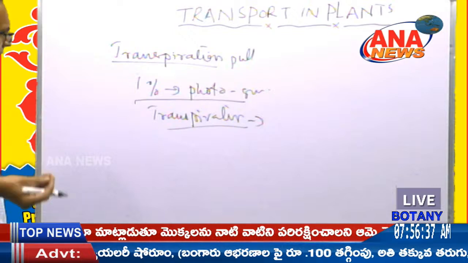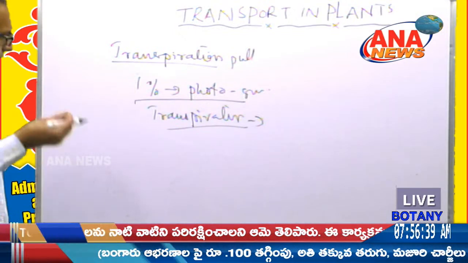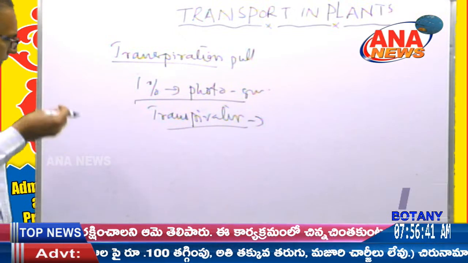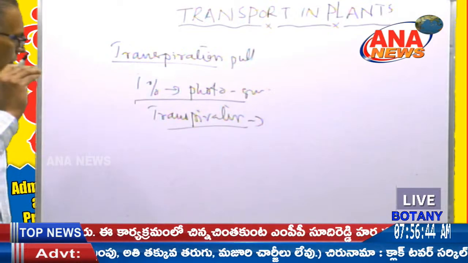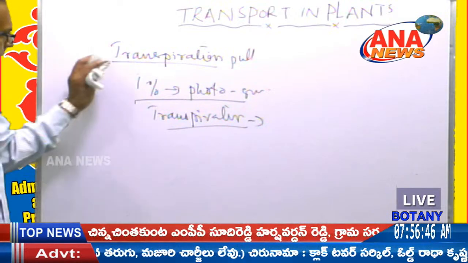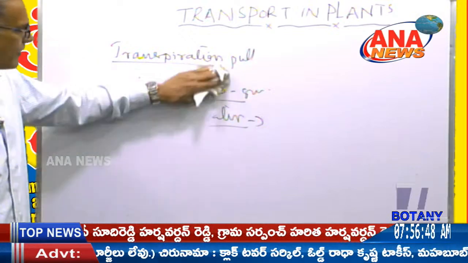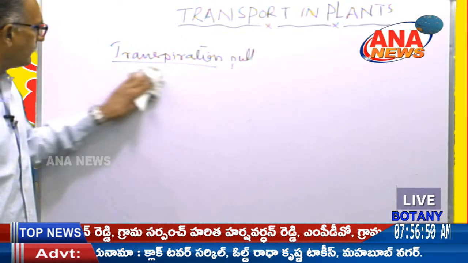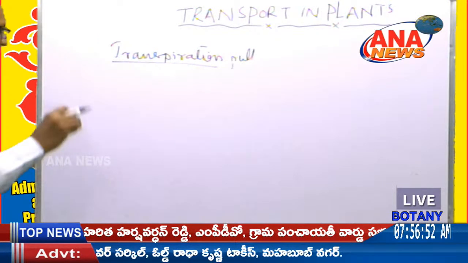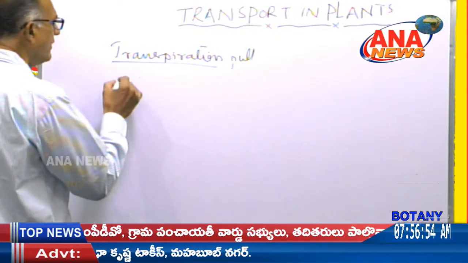The ascent of xylem sap through the xylem is helped by three physical properties.